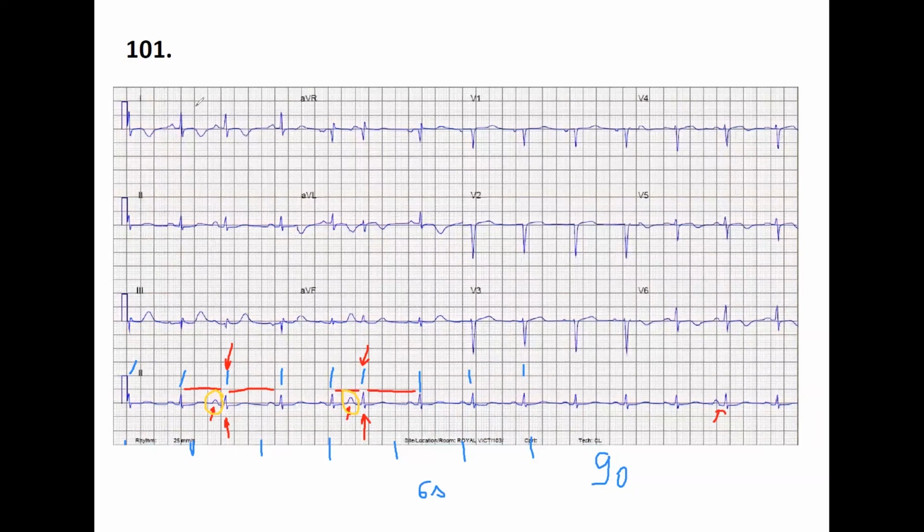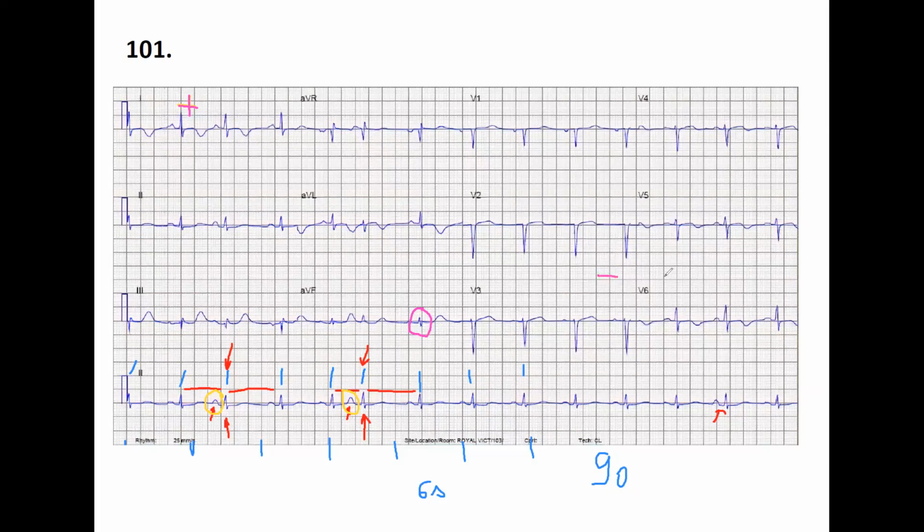Let's look at the axis. Lead number one is positive. AVF is positive, or equiphasic, so we can say that AVF is about 0. What does it mean?